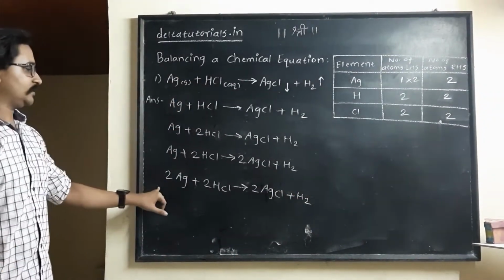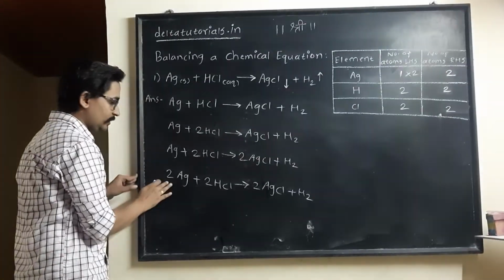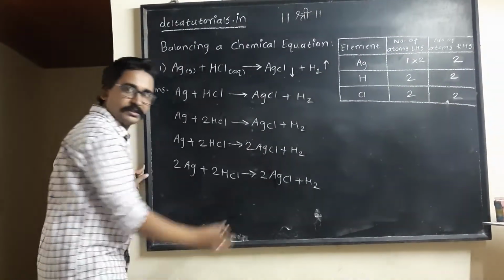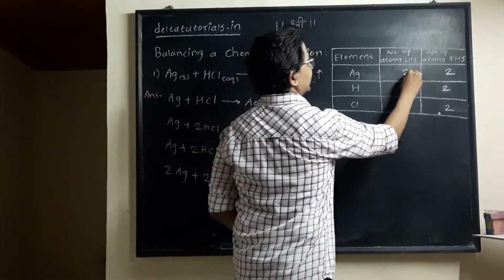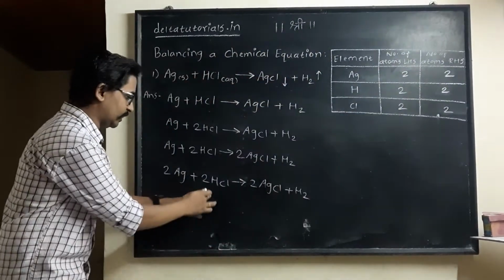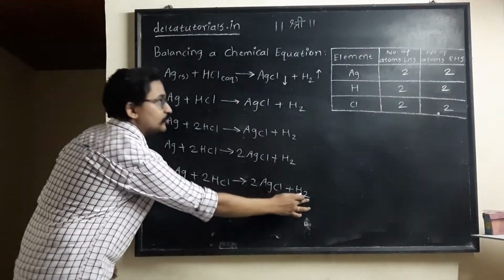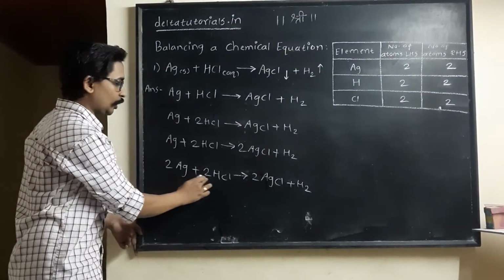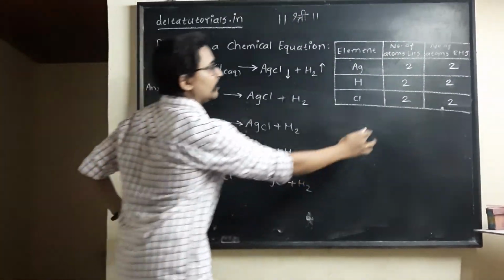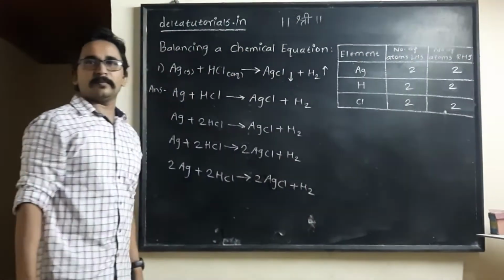And after doing this, we will compare it again. 2Ag, 2Ag means 2 atoms of silver are present on the left and right hand side. In case of hydrogen, 2H, H2, 2 atoms are present. And in case of chlorine, 2Cl, 2Cl, 2 atoms of chlorine are present.